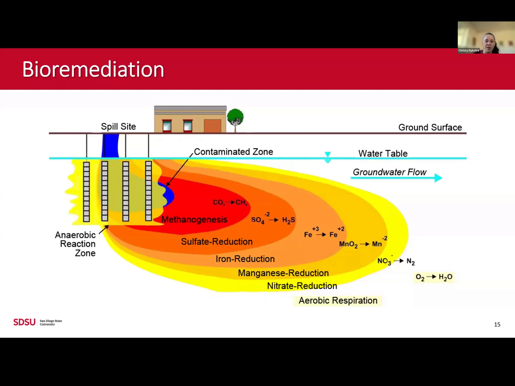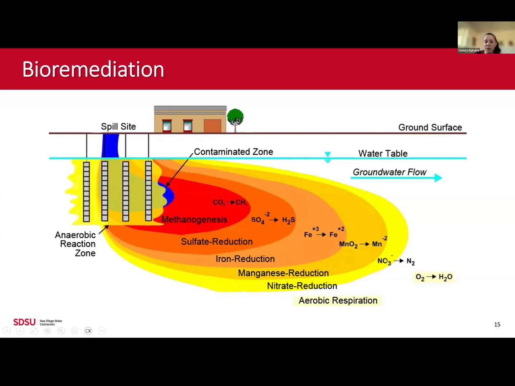And it's also where likely any oxygen or nitrate or other electron acceptors has already been consumed, because the microbes there will have used those things up first. Trying to consume that very concentrated contaminant will create that kind of anaerobic, if you will, reaction zone right up near the spill site itself.